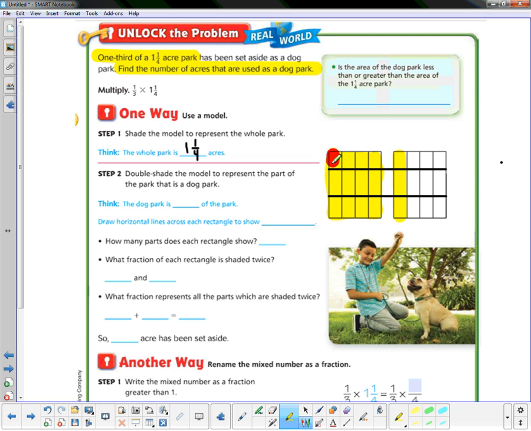And it turns into red when it's double colored. So I'm going to color in, going all the way over. 1/3, not 2/3, because only 1/3. Now anything that is double shaded is going to be my answer. Hold on, let's think that the dog park is 1/3 of the park. We drew the horizontal lines to show thirds.